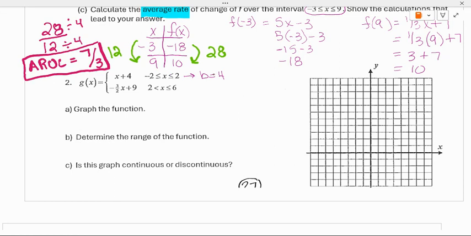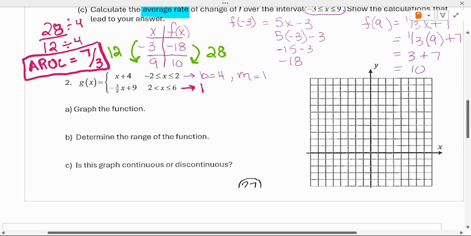So it's like y equals x plus 4. So my y-intercept is 4, and my slope, remember slope, is the number that's attached to the x value. So that's going to equal 1. In my second equation, y equals -3/2 x plus 9. So my y-intercept is 9, and my slope is -3/2.